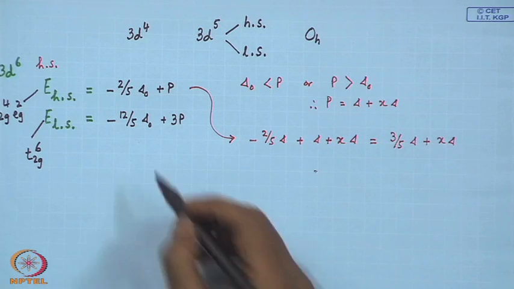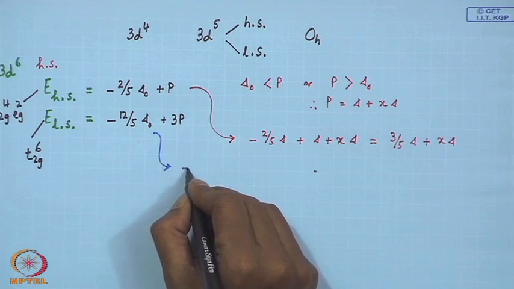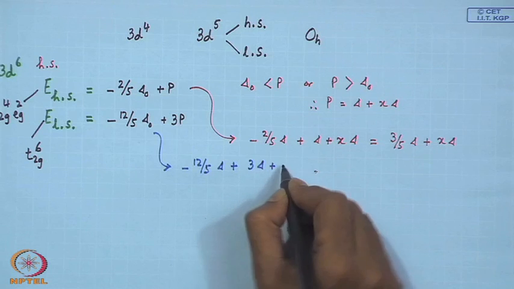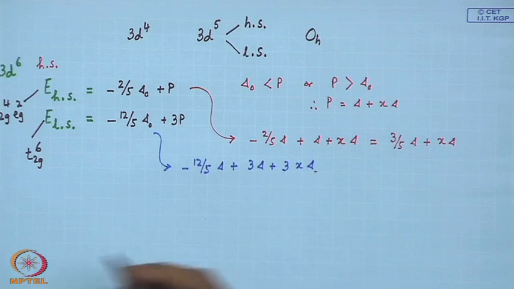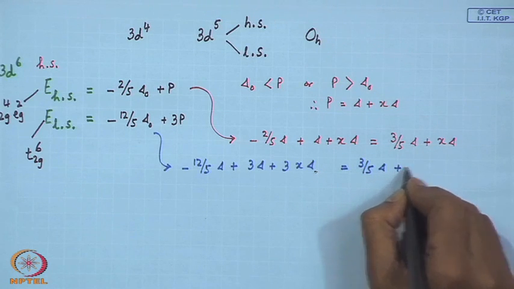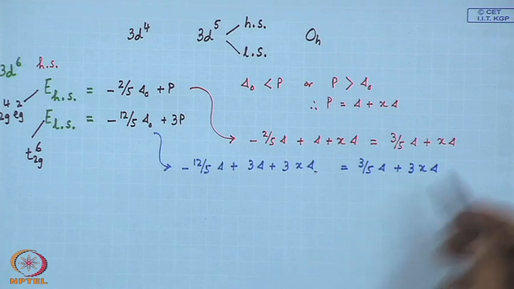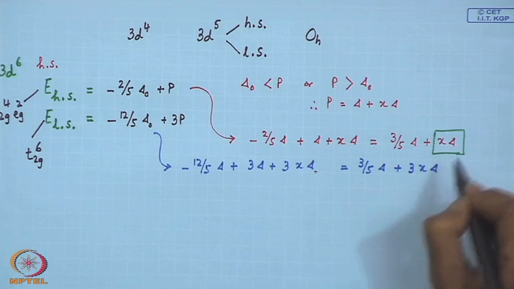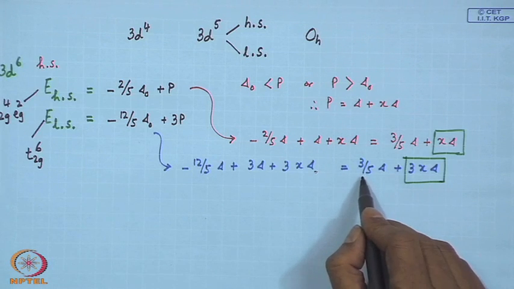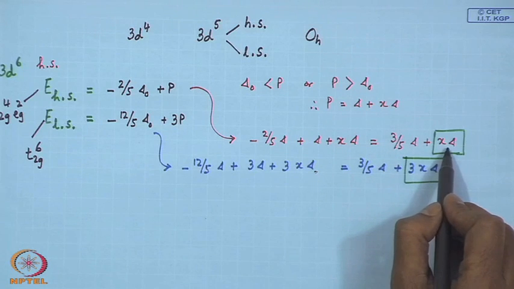Similarly, we can put in the energy for the low spin. It will be minus 12 by 5 delta plus 3 delta plus 3 x delta, which is equal to 3 by 5 delta plus 3 x delta. Now both values can be compared by looking at the corresponding delta and x values. The low spin will have 3/5 delta plus 3 x delta and the high spin has 3/5 delta plus x delta.